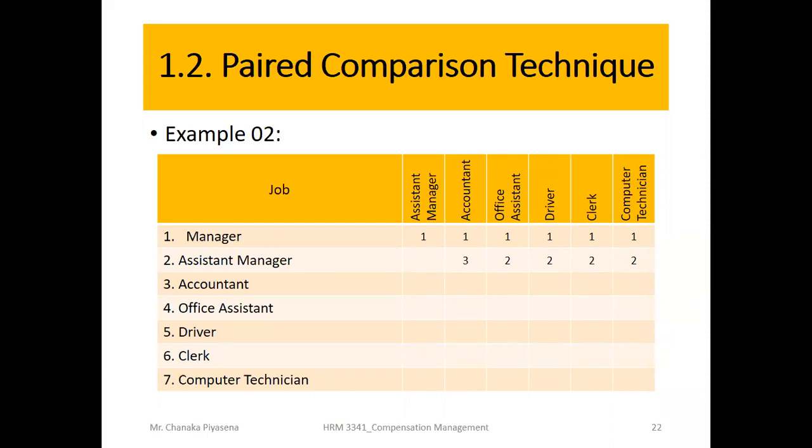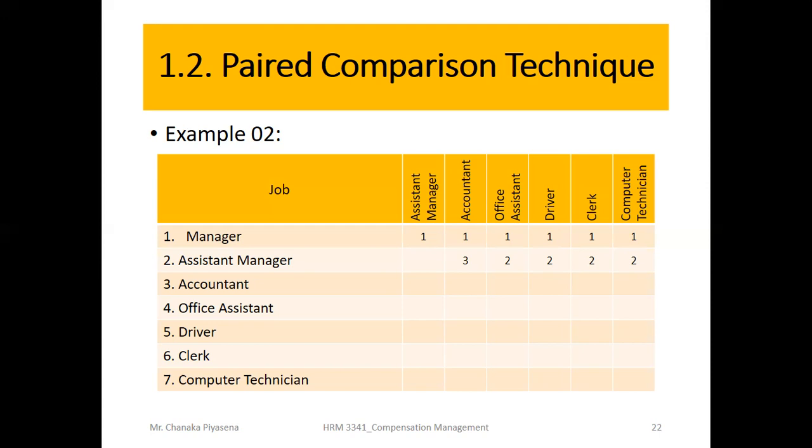In the second row, when we compare the assistant manager and accountant, who is the most important job? It is accountant. That's why we put the number 3, because number 3 indicates the job of accountant.